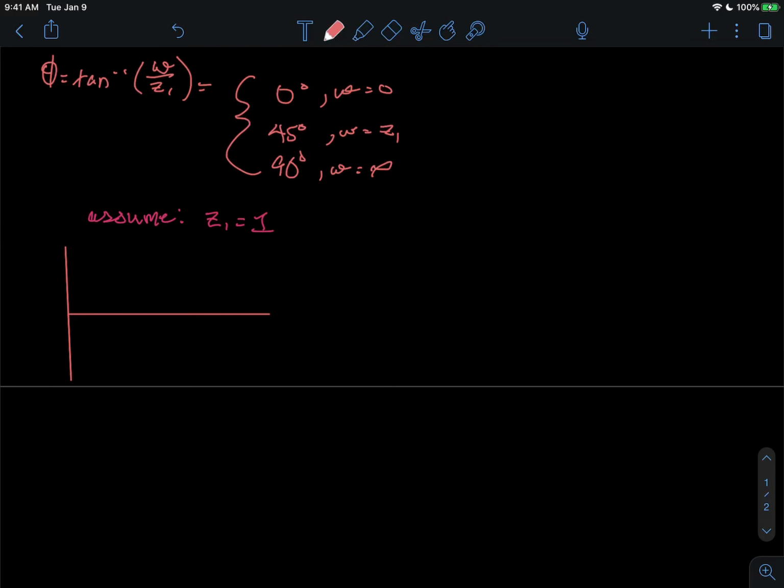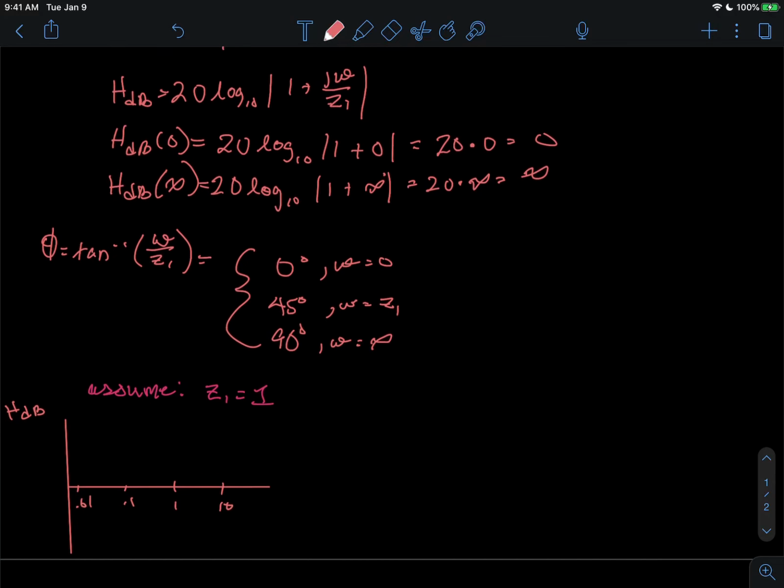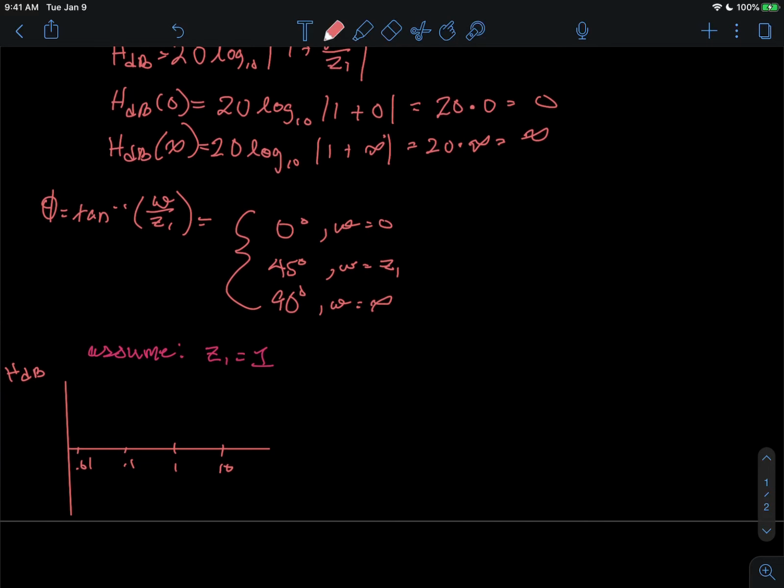So we're going to draw this out. We have H dB, and since this is a logarithmic scale and not a linear scale, we'll have 0.01, 0.1, 1, and 10. Like we said before, it's going to be 0 as omega gets closer to 0, and infinity as omega gets closer to infinity.